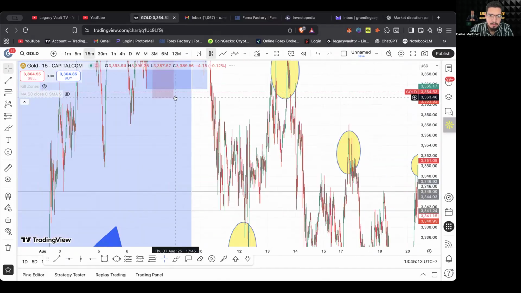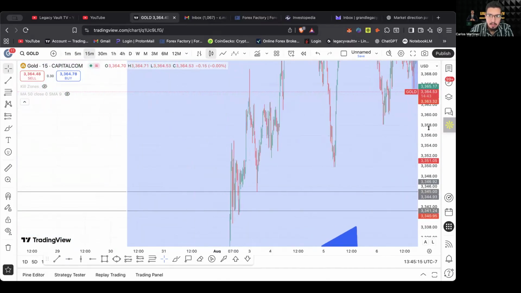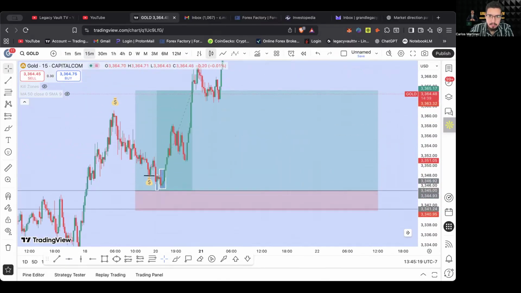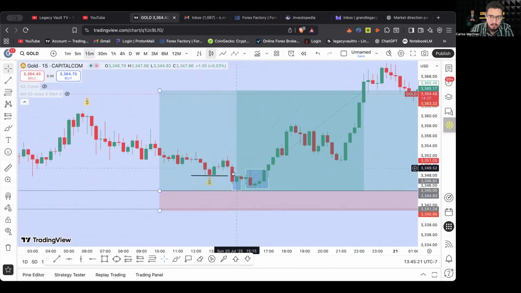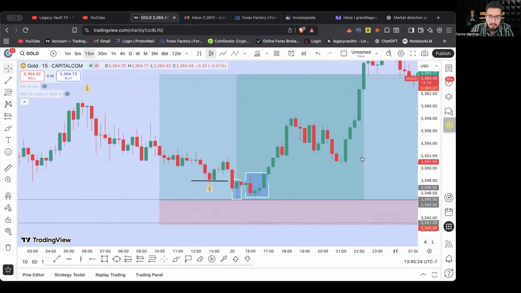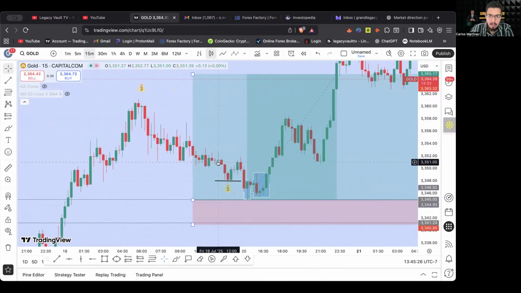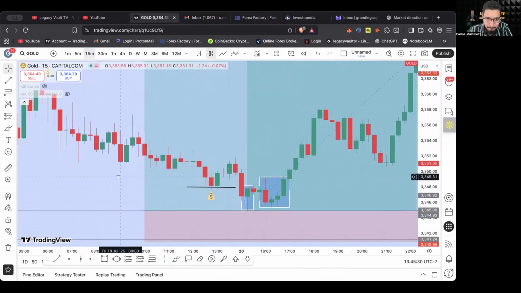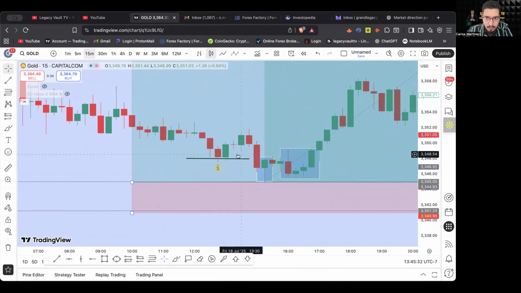Let's go down to the 15-minute. So you see liquidity here and up here. So price liquidated.